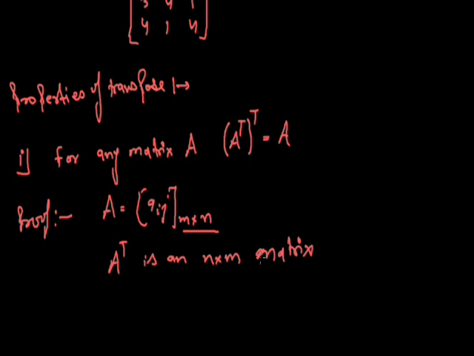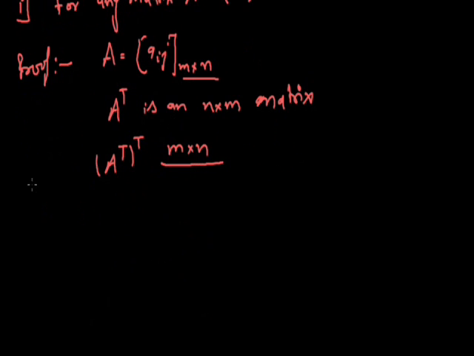Now if we again find the transpose of the transpose matrix, the order of this matrix is m by n. So the transpose of the transpose matrix is A.